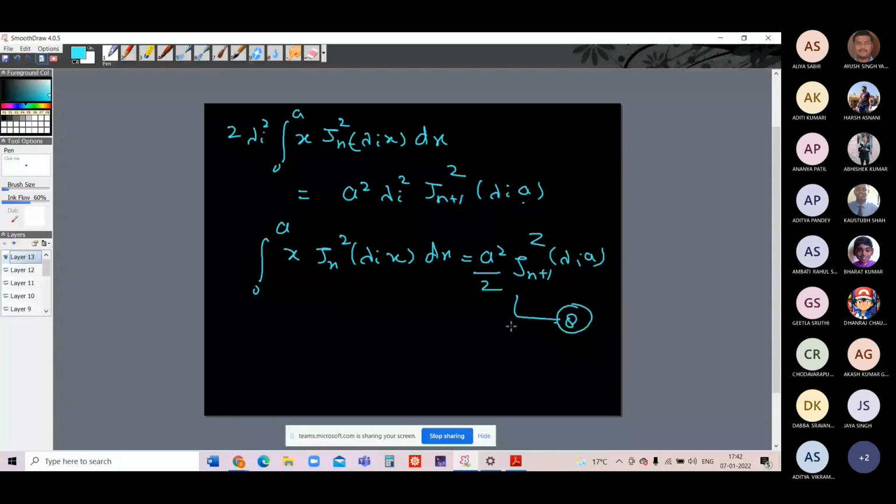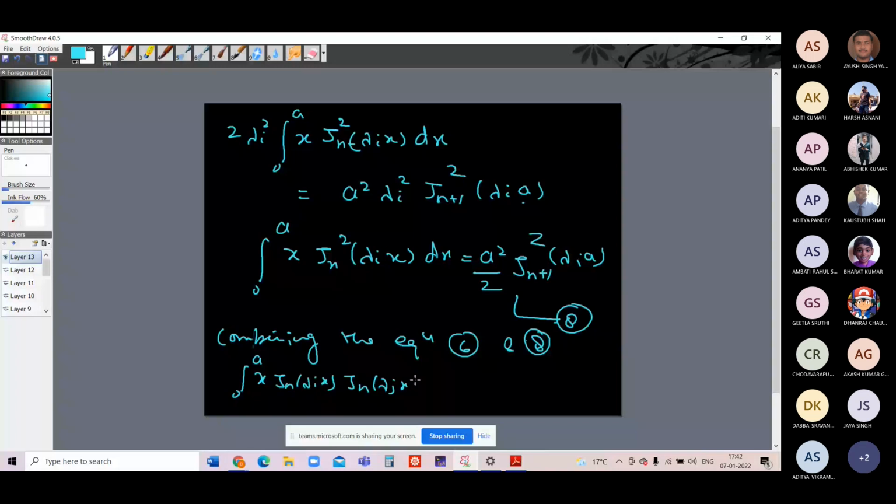Now combining equation number 6 and 8, it gives us the integral from 0 to a of x Jn lambda i x and Jn lambda j x dx.